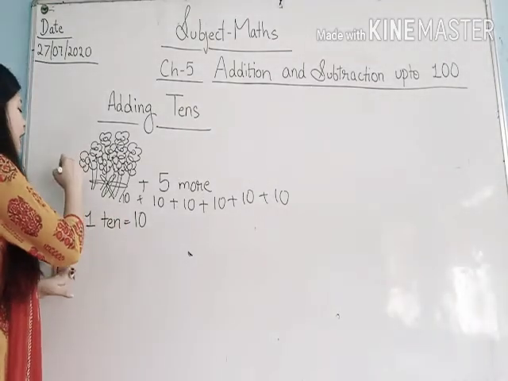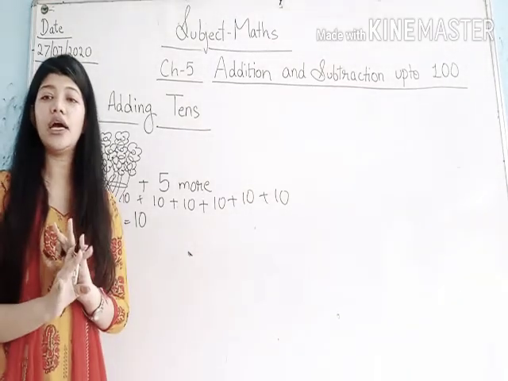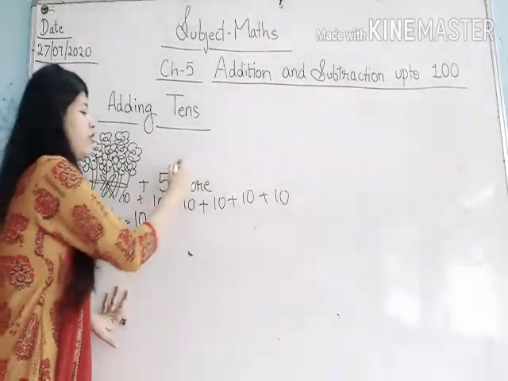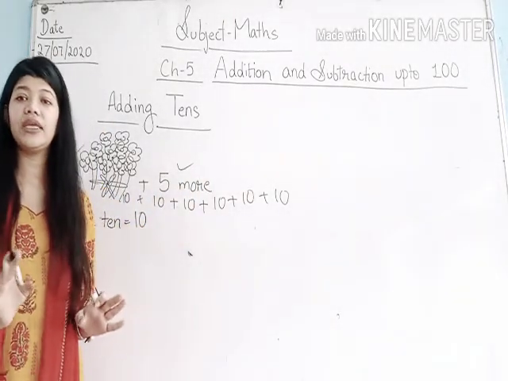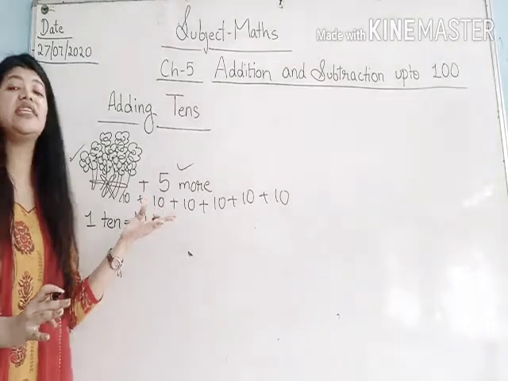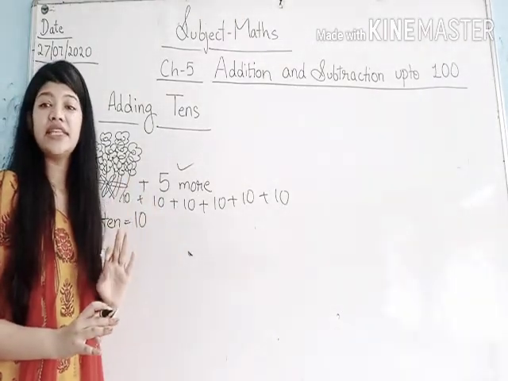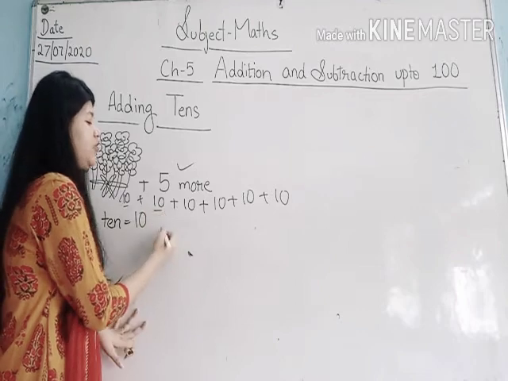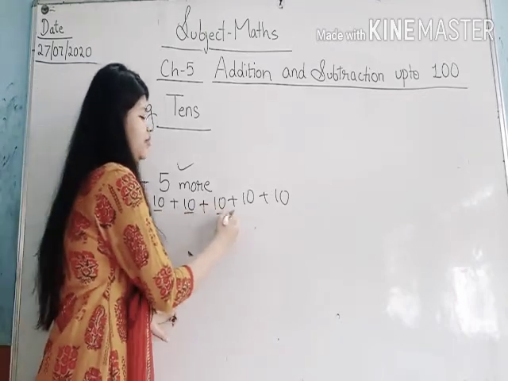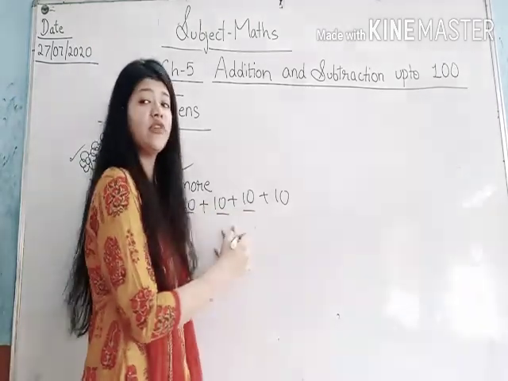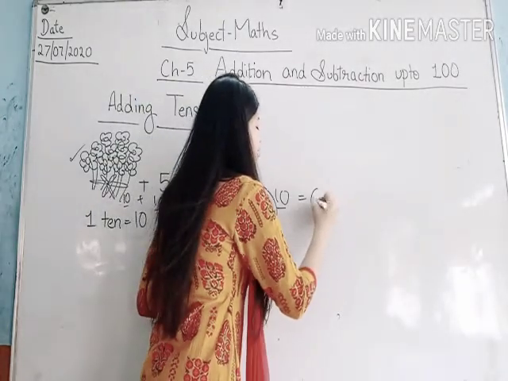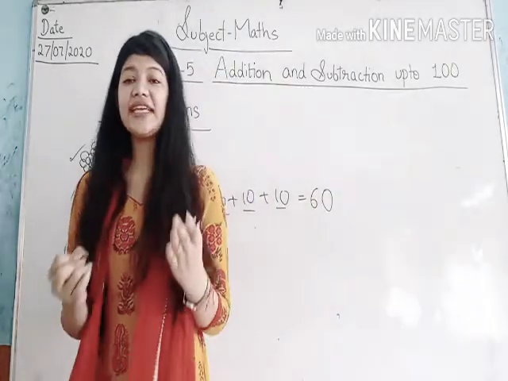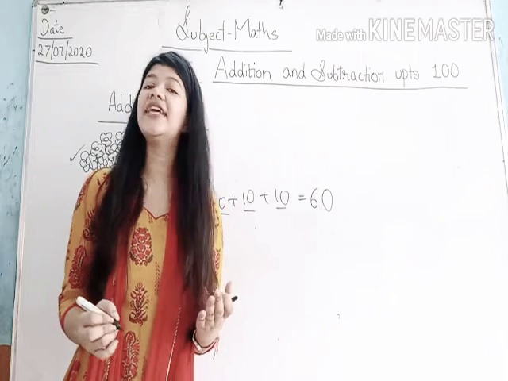Because we have 6 bunches of flowers, one is this and 5 more, which is equal to 6 tens. Let's count. 10 plus 10 is 20, 20 plus 10 is 30, 30 plus 10 is 40, 40 plus 10 is 50, and 50 plus 10 is equal to 60, and 60 is equal to 6 tens.